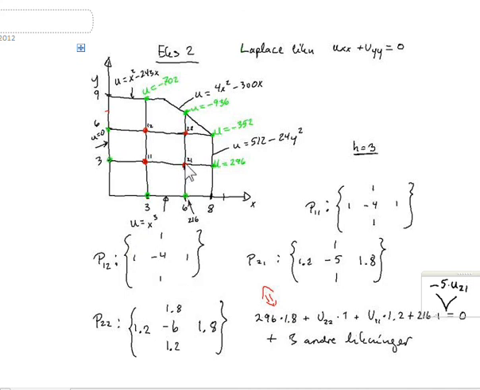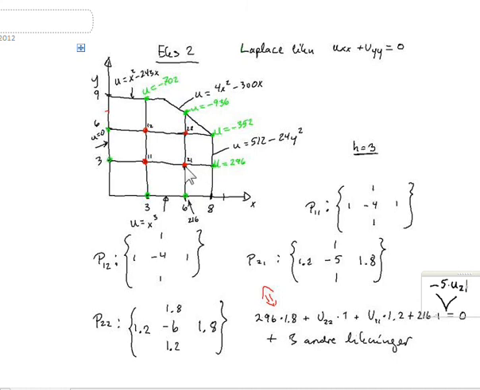A little bit different is it in this case, because now the length between the right point and the node where we are standing is not equal to h. So we have to multiply with 2/3 in order to reach this point.